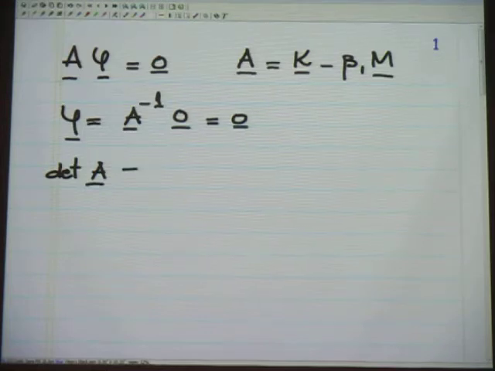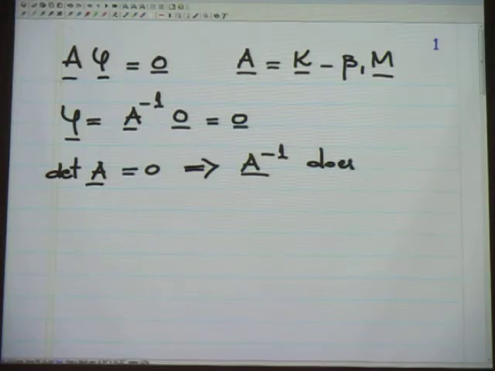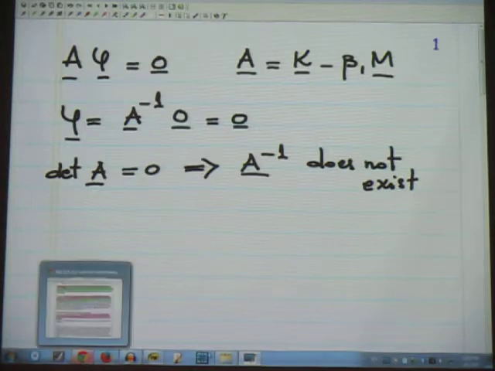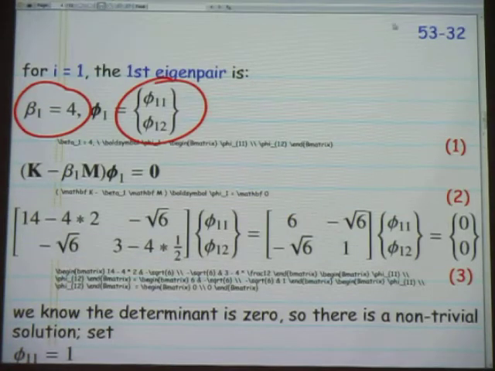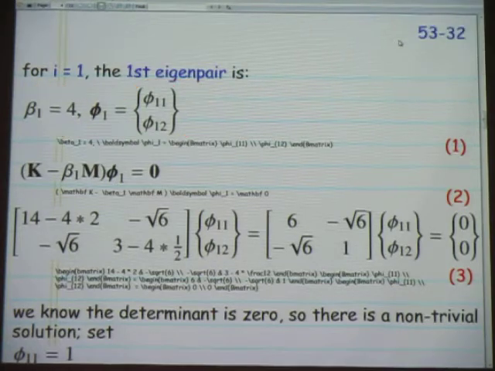So if the determinant of A is equal to 0, this is a 0 scalar, then A inverse does not exist. Meaning you cannot invert. Okay, and that's how you can find non-trivial eigenvectors. And the way you find non-trivial eigenvectors was explained in previous lecture, is to set one coefficient equal to a certain number.